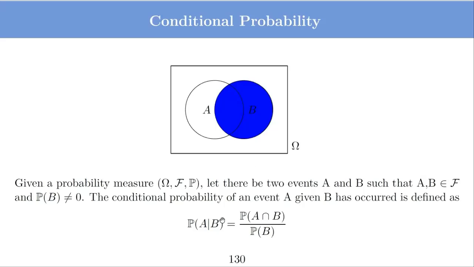So that is how we get P of A intersection B divided by probability of B. It is the ratio of the probability of this set and the probability of the complete B. Similarly, probability of B given A would be probability of A intersection B divided by probability of A.